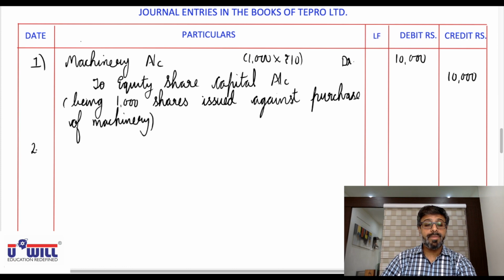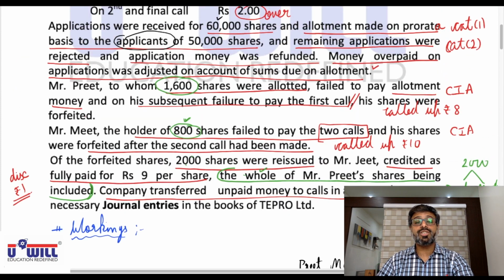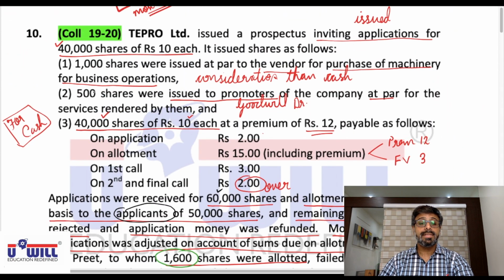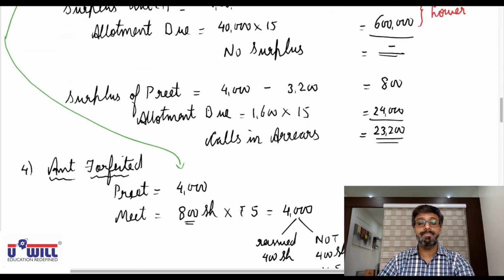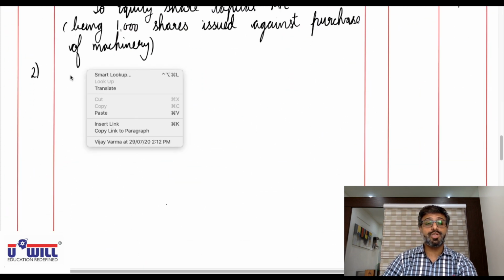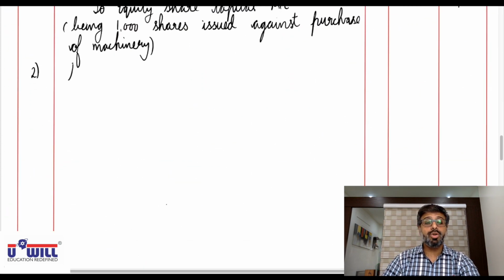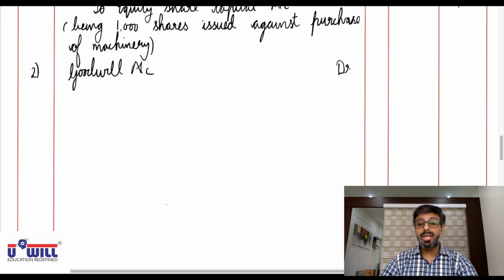Now second entry, issue of shares to the promoters. 500 shares were issued to promoters of the company at par for the services rendered by them. So for issue of shares to the promoters, goodwill account debit to equity share capital account.